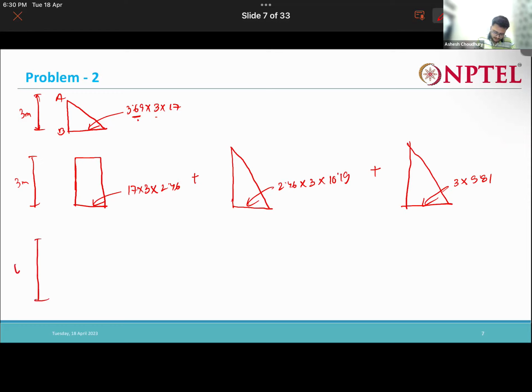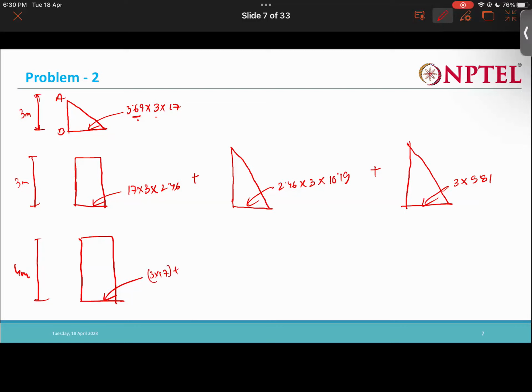So here we have 4 meter. Now again this thing will come. What will be this? This will be nothing but 3 into 17, then we have again 3 into 20 minus 9.81, 10.19.